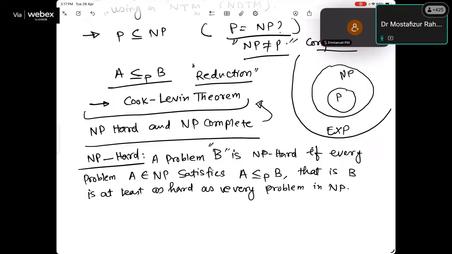Some problems are very hard within NP and are also expressed as exponential, and some may not be within NP but are as hard as NP. So we will define two particular classes. One is NP hard, and some of these problems may be in EXP, exponential complexity, but are at least as tough as NP.